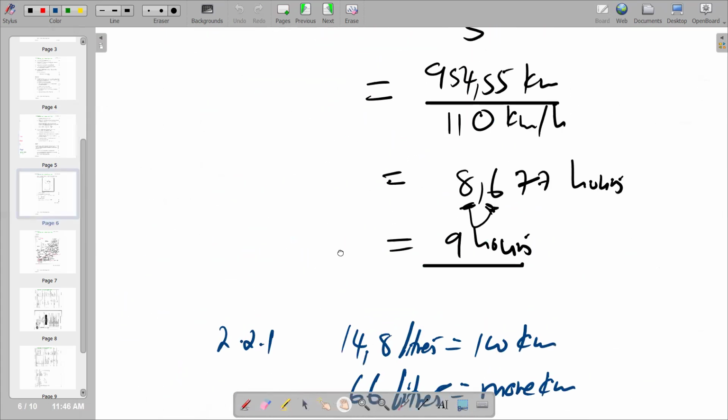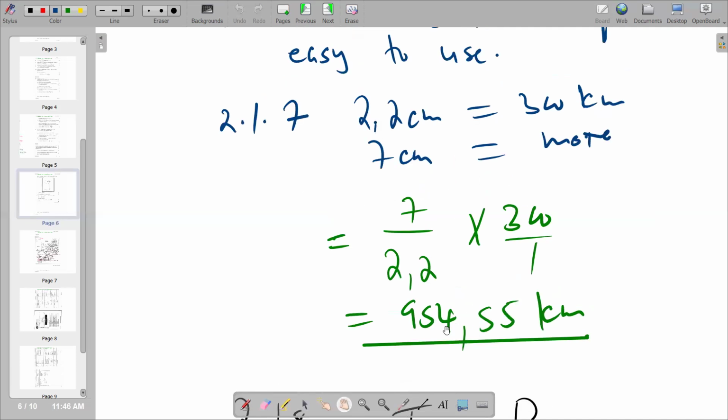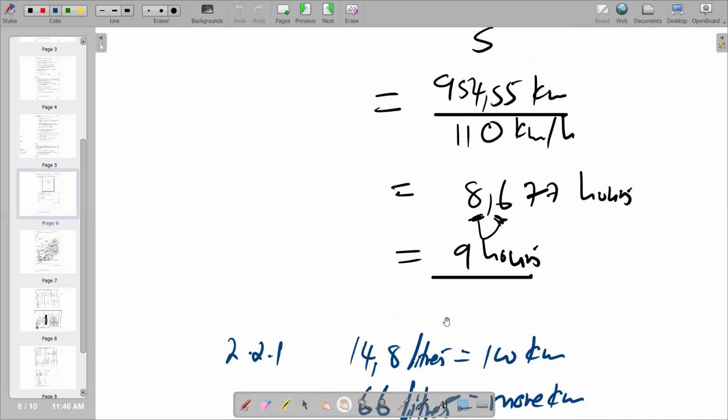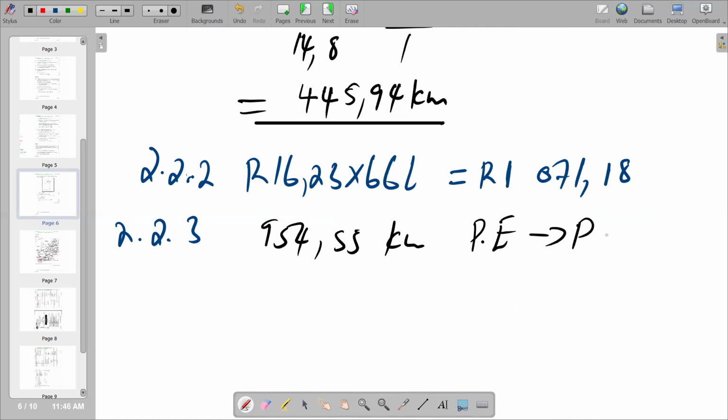This is the distance that we calculated, which we got as 954.55 kilometers, from Port Elizabeth to Port Shepstone.